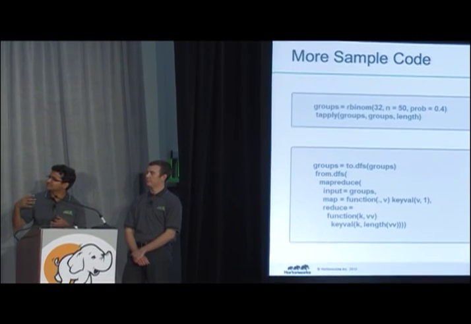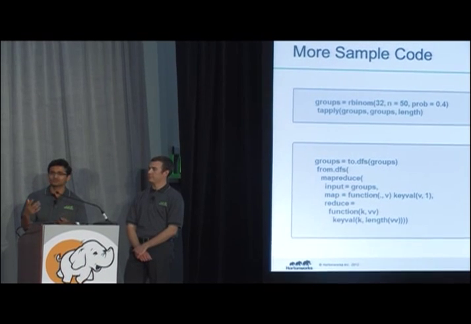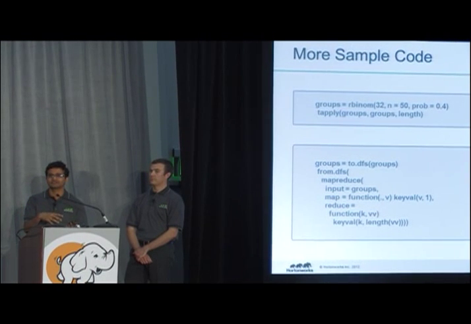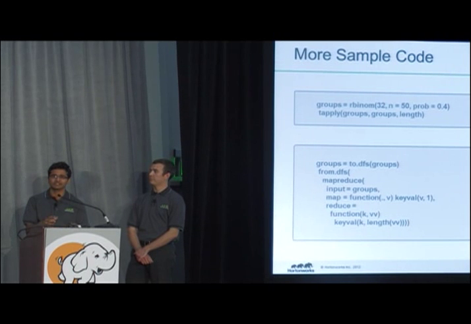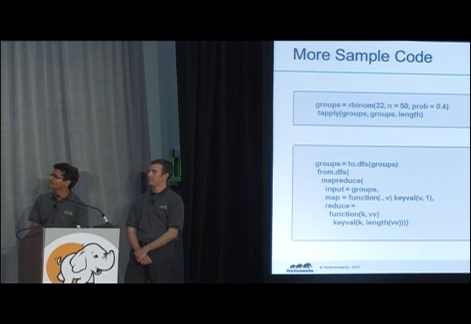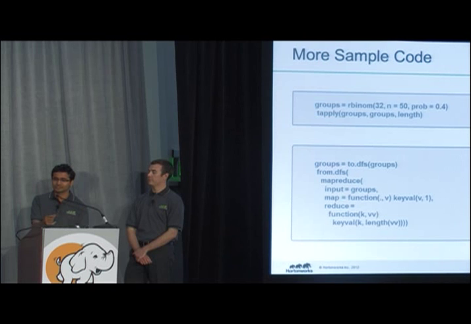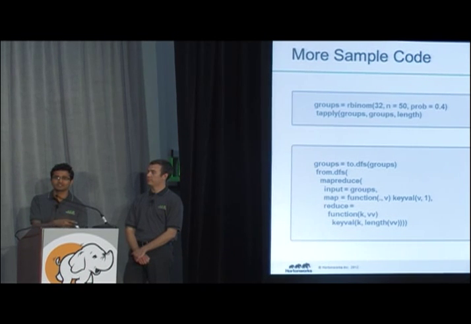But in general, you might have Sqoop or Flume putting the data into HDFS, and then you use from.dfs, which is reading the data from DFS. So here we see a MapReduce. Again, the input, you don't have an output here. The output itself is being directed out into a list using from.dfs.